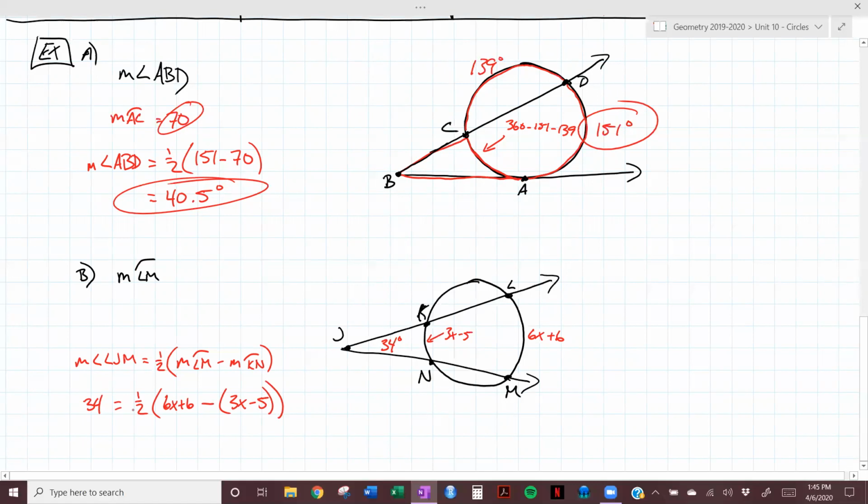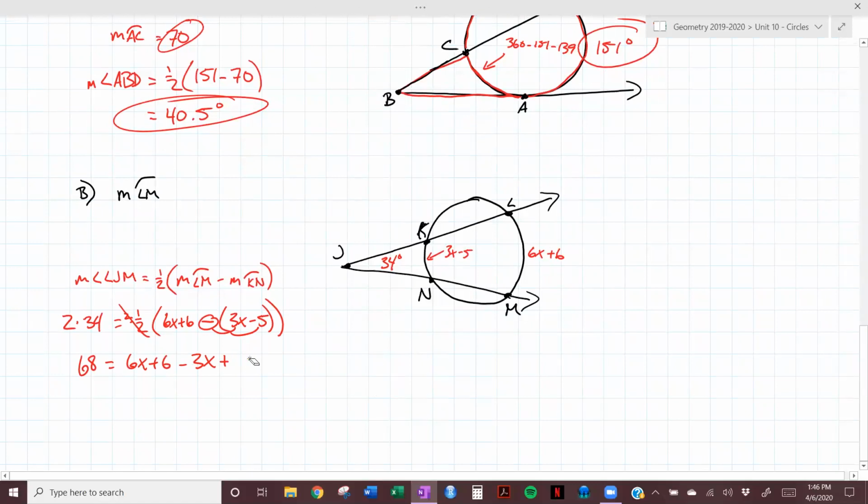Okay, so I'm going to move this 1/2 over first. So I got to multiply by 2. Multiply by 2. 68 equals 6x plus 6. Now you need to distribute this negative sign. So this is minus 3x plus, because it's minus minus, so plus 5.